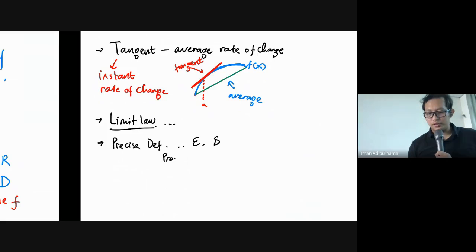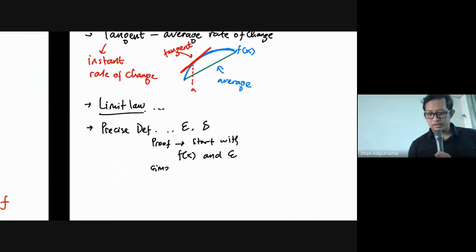If you need to prove, start with f(x) and epsilon, simplify, try some delta and check again to prove f(x).